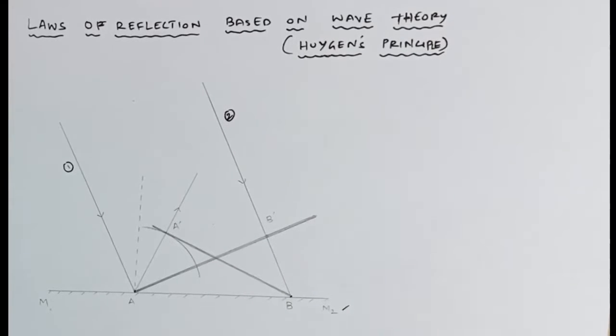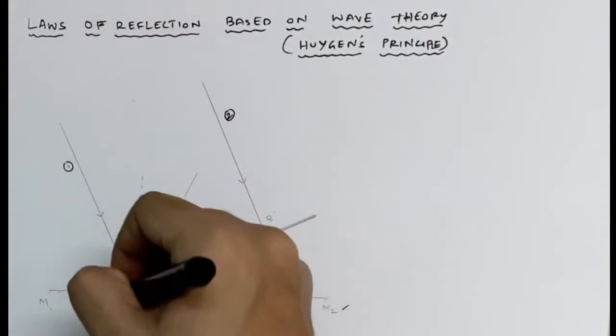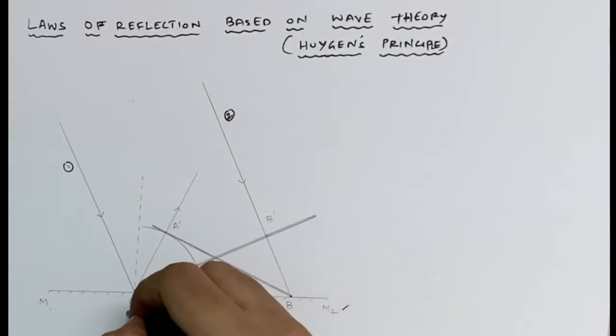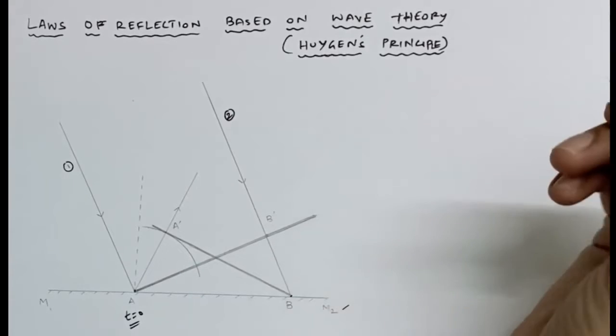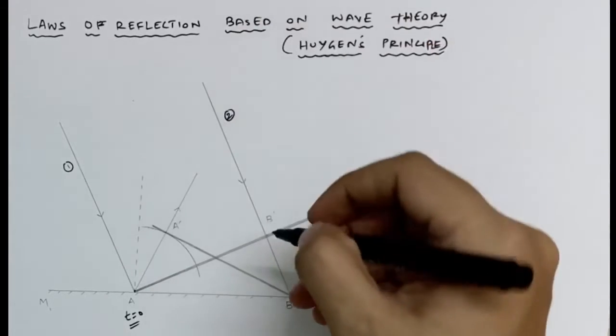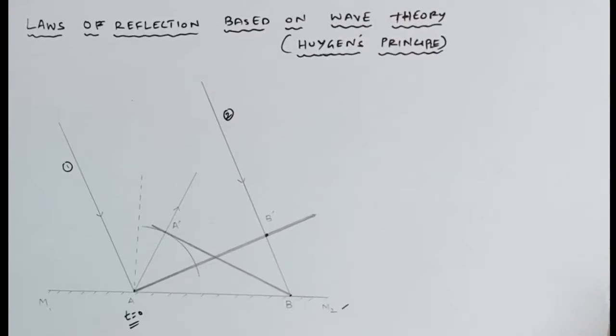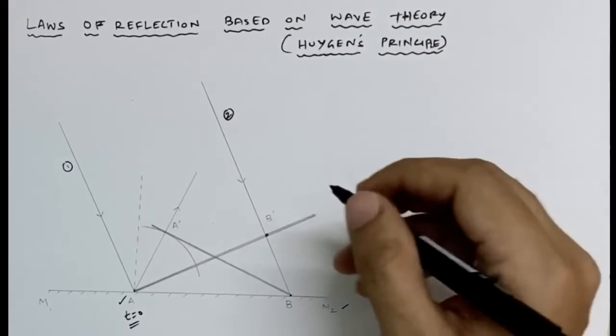By the time the first ray is hitting the surface, let's say it is at instant t equal to 0, the second ray was at point B dash by the time the first ray was at point A.